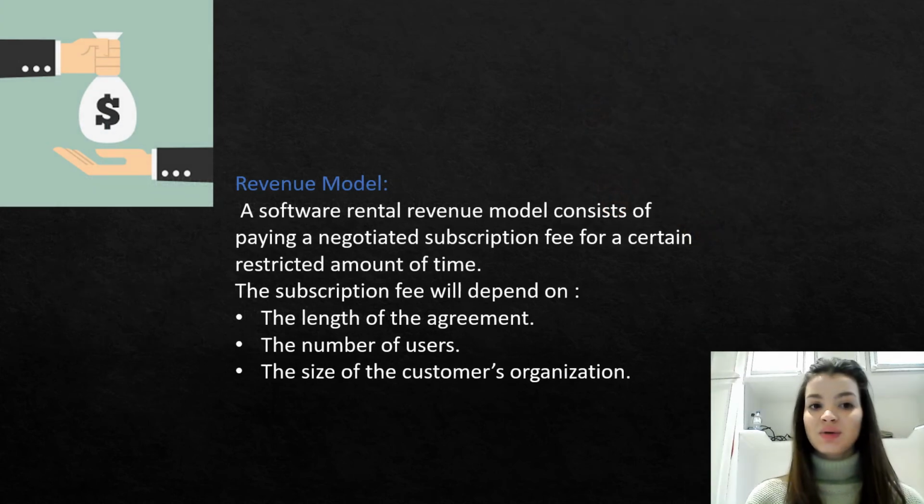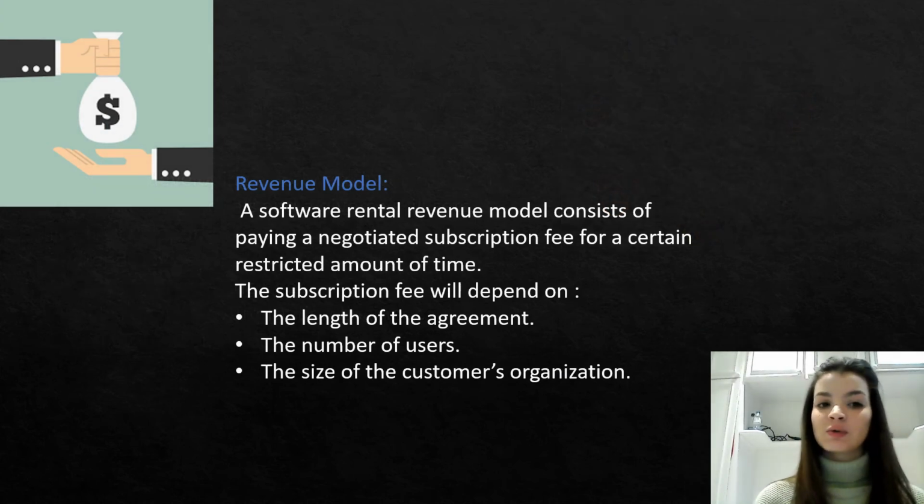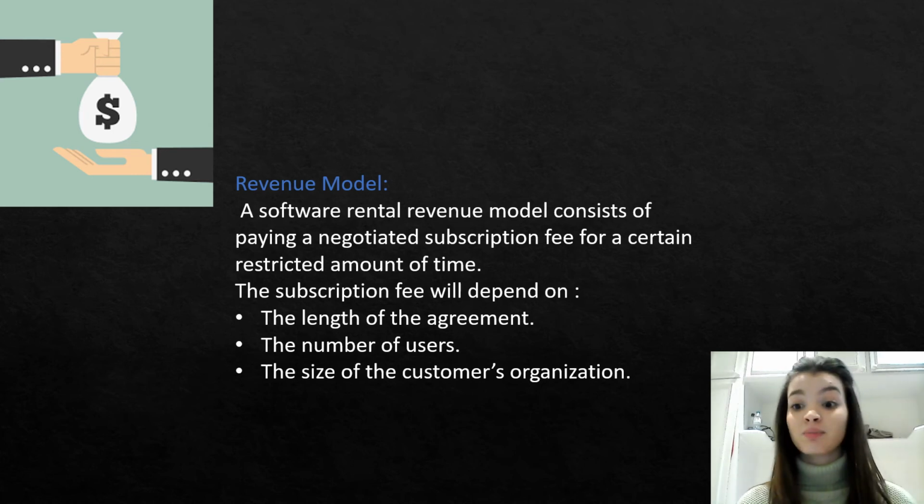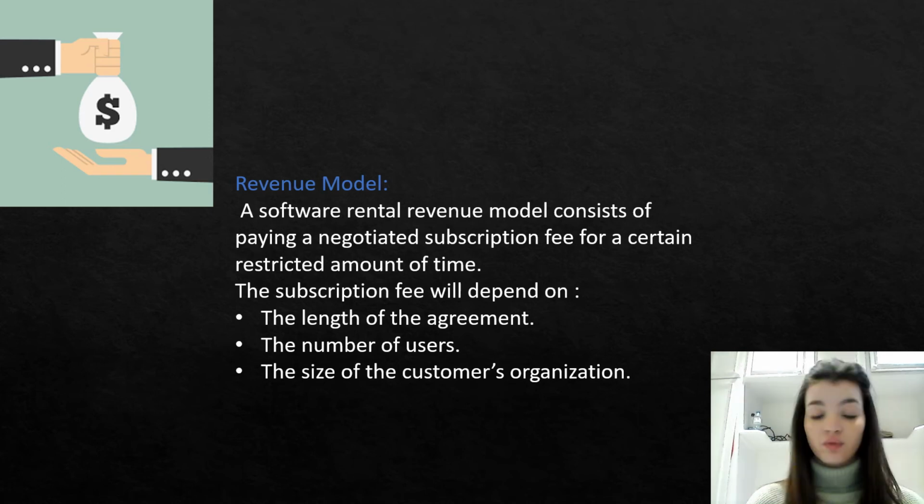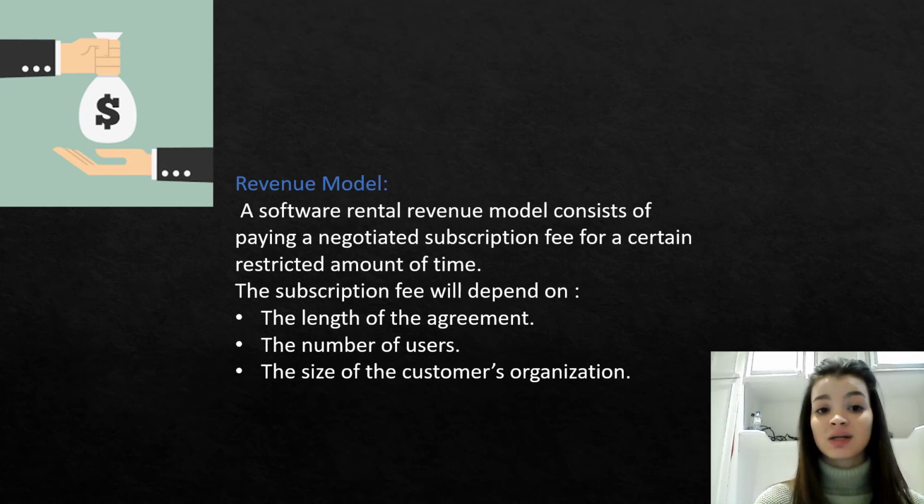So, coming to the revenue model, we're going to talk about a specific revenue model that is going to be used in order to generate profit from this innovation. For this particular innovation, a software renting revenue model is seen as best suited, and a software renting revenue model consists of paying a negotiated subscription fee for a certain restricted amount of time.